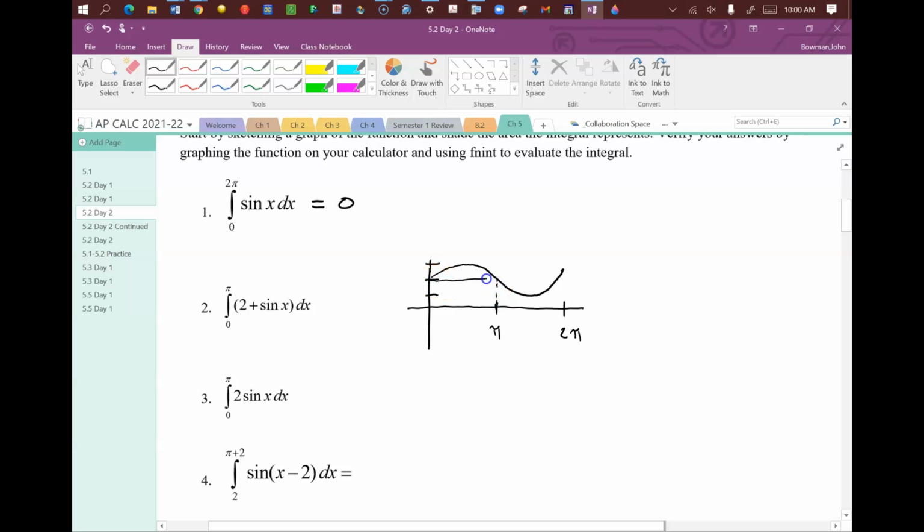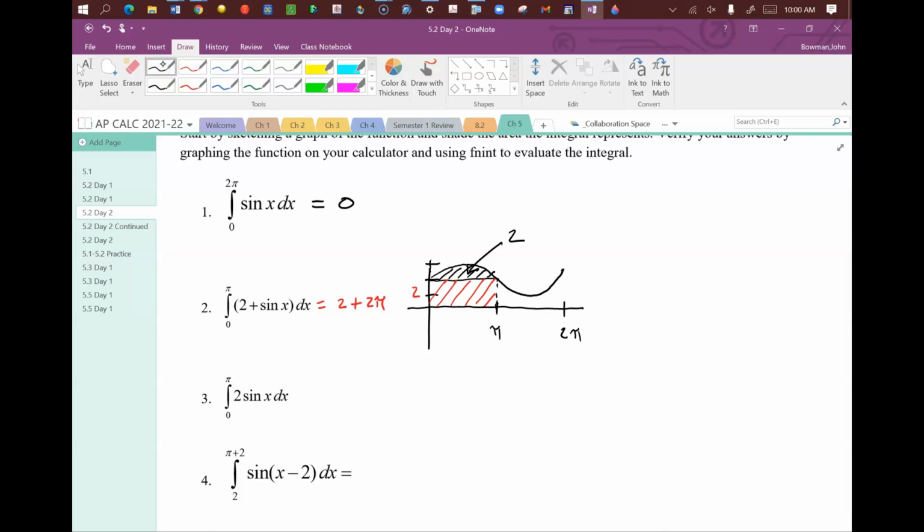Well, I'm going to shade in black the area that we already found and know to be 2. So this area right here is already known to be 2. But in red, we have this area added to that. Well, it turns out that that is a rectangle that has a height of 2 and a length of pi. So in this case, our integral is 2 plus 2 pi.